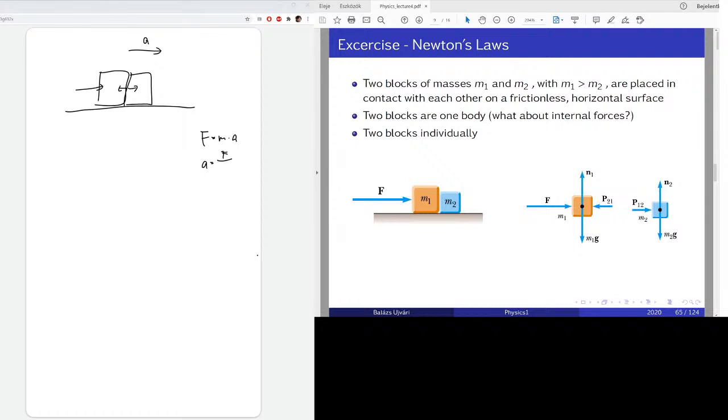But in this case, the external force acts on the body 1 and not on the body 2. And therefore, we have to divide this problem into two parts.